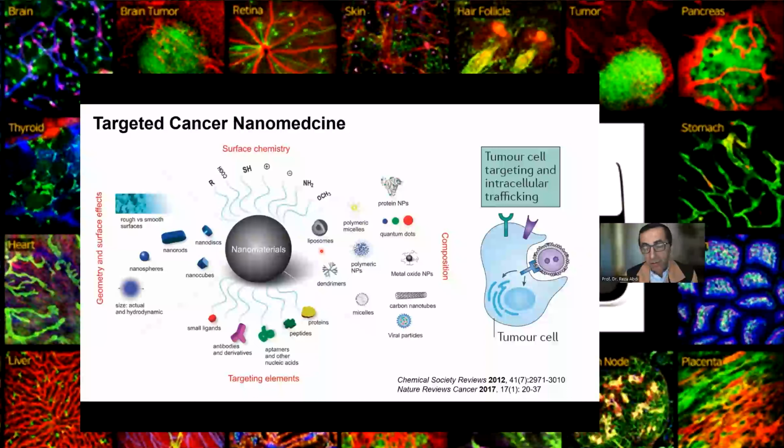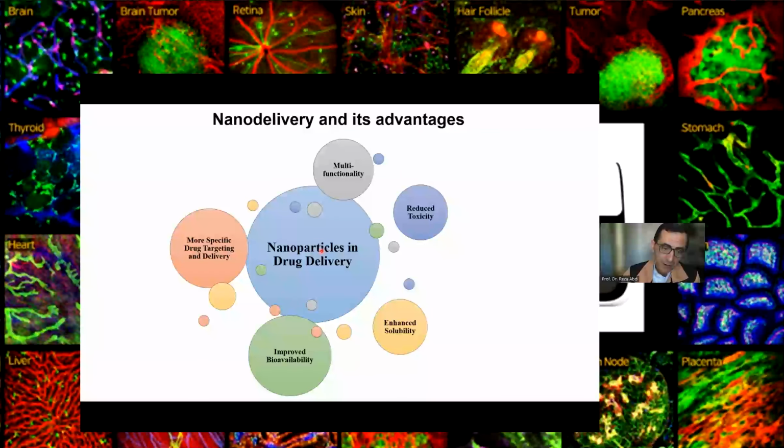We make different forms of particles, but mostly we stick to the particles that are more translational to large animals, and staying away from those more cutting edge, harder to translate sort of particles. And there are a number of benefits you can get from nanoparticle delivery. And I think what Pilhan is trying to say is that you get more targeted delivery basically with your antibody and with your particles.